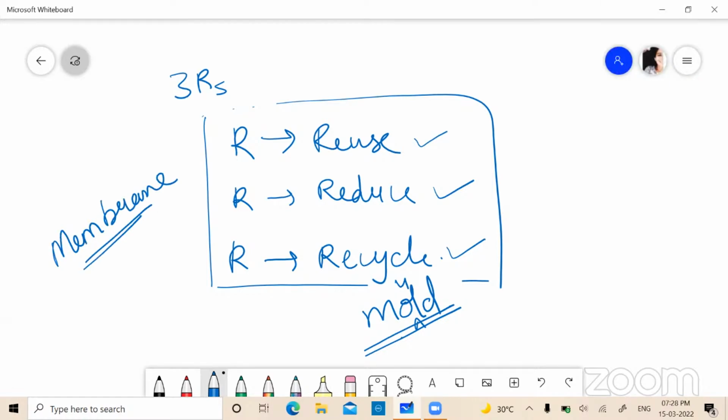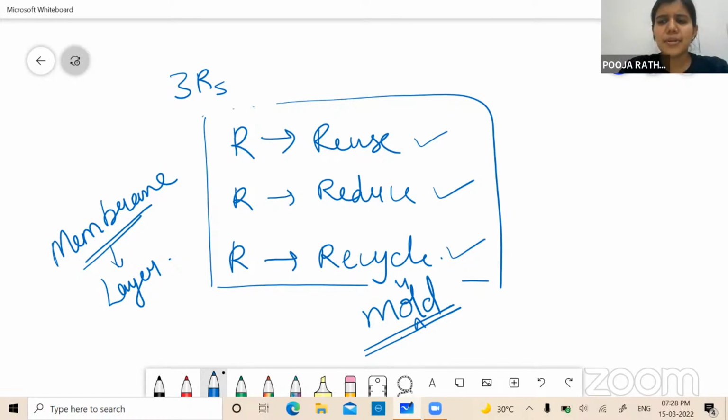Ma'am, layer. What does that layer do? Any function? Ma'am, a layer that forms above the water so that the water doesn't pass. No, that's not the membrane. I had used the word membrane for the aquaguard and filters.